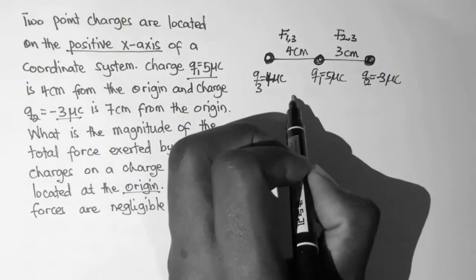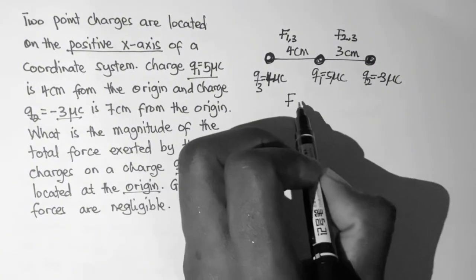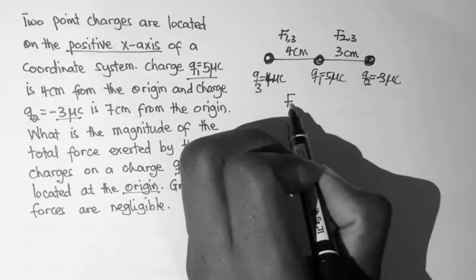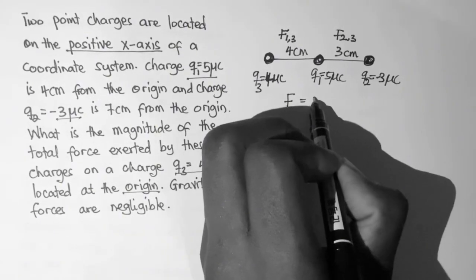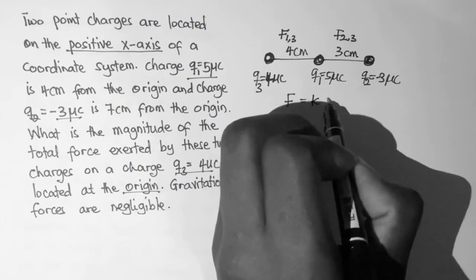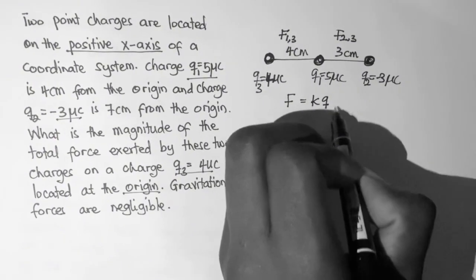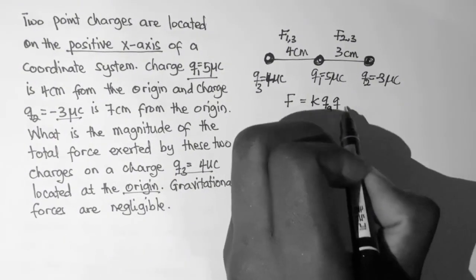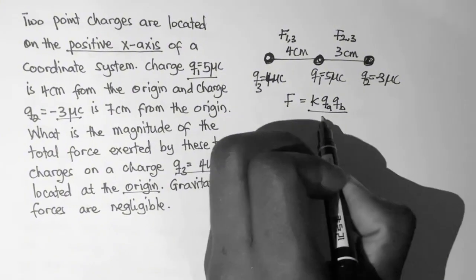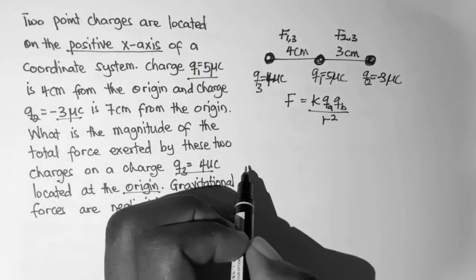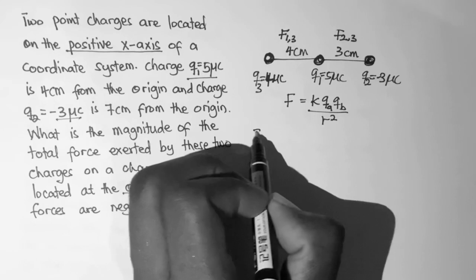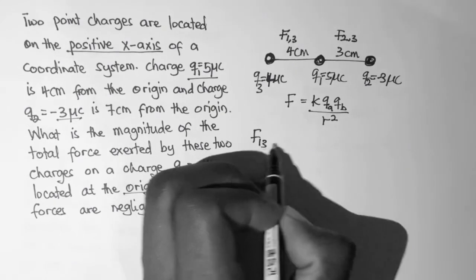So now, based on Coulomb's law, we know that the force is given as F equals a certain constant times one of the charges, let's say QA, times the second charge QB, divided by the square of the distance between them. So let's start with F13.